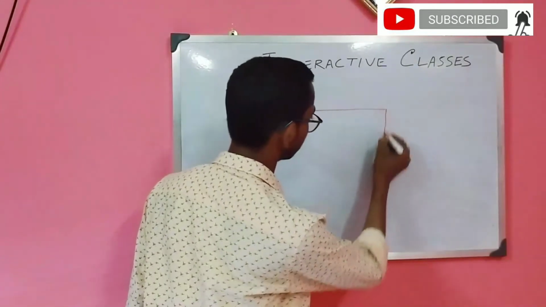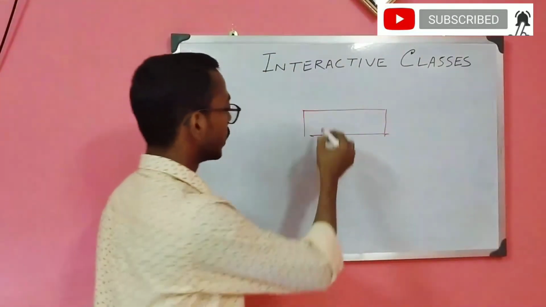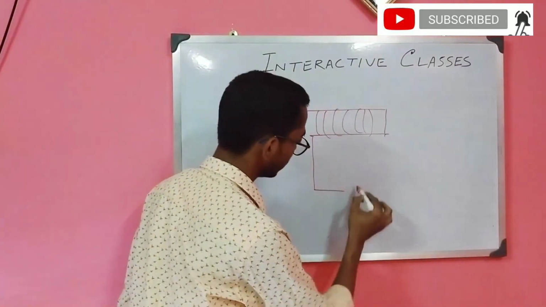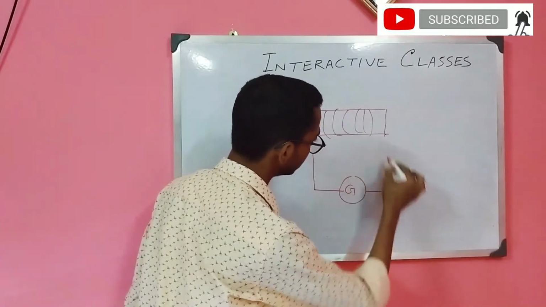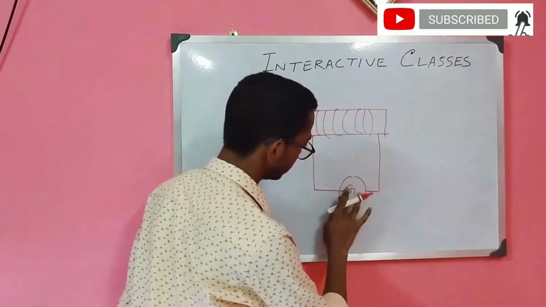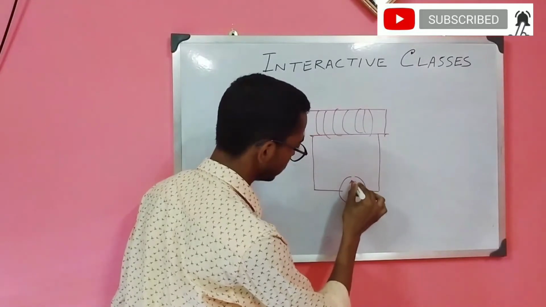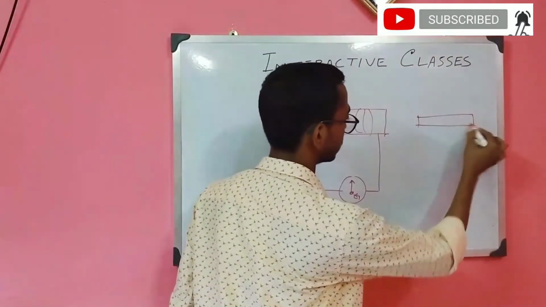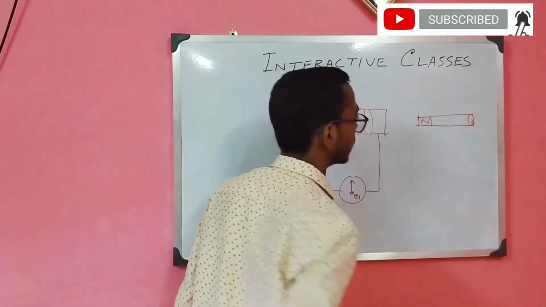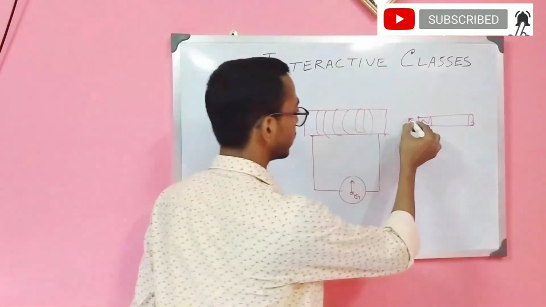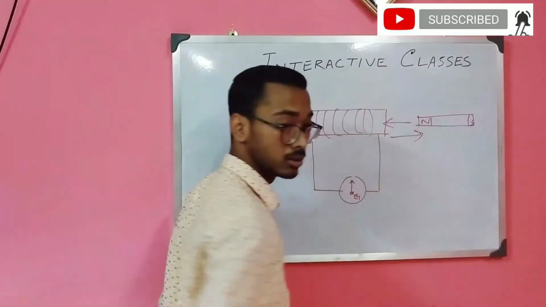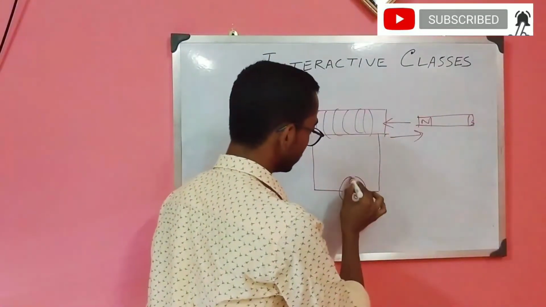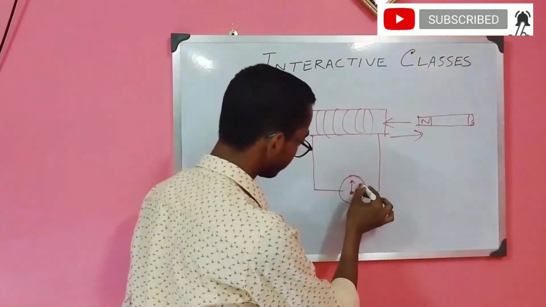Suppose this is a coil made up of copper wire. This is a galvanometer G. Now if we bring a magnet like this, and if we move the magnet in and out of the coil like this, repeated motion in and out of the coil, then we see the galvanometer shows a deflection.